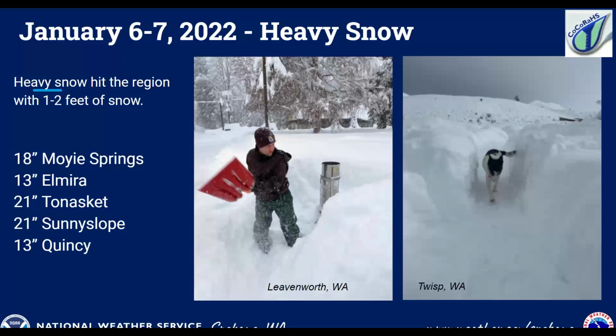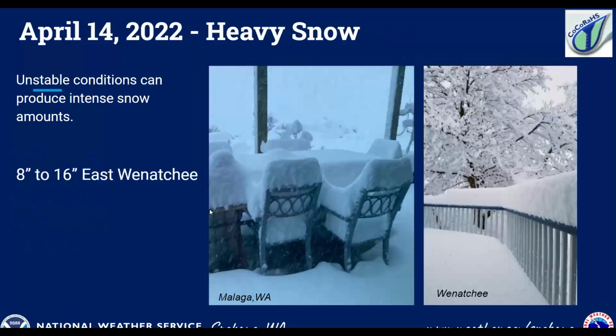And even Quincy, which is in Grant County, got just over a foot of snow with that. So there was a lot of shoveling going on, even to get to the rain gauges as well.